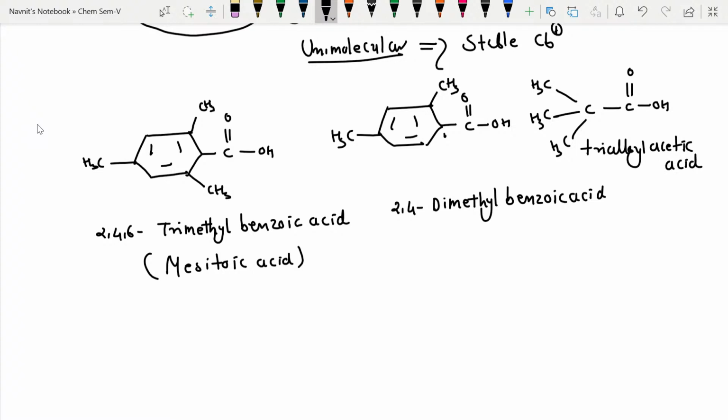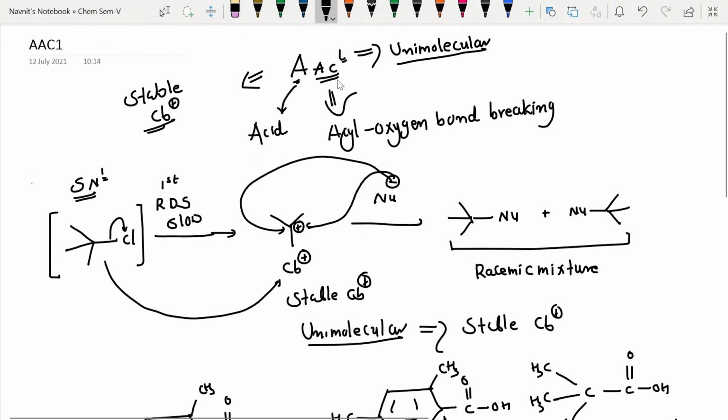So here I have taken the example of trimethyl acetic acid. So all these three acids are able to form stable carbocations. That's why the esterification of these three acids we can explain by this mechanism, AAC1.